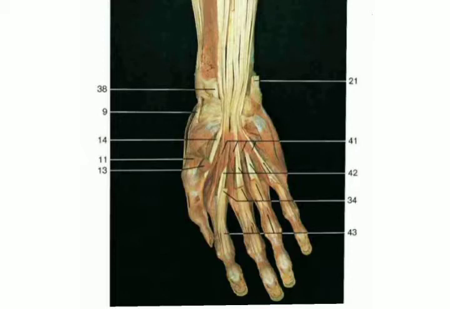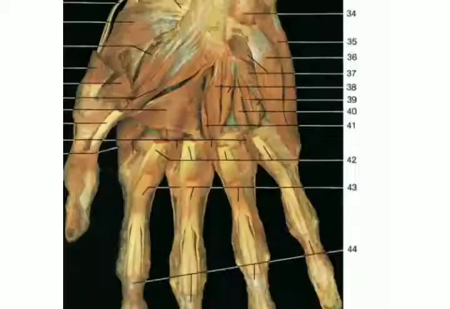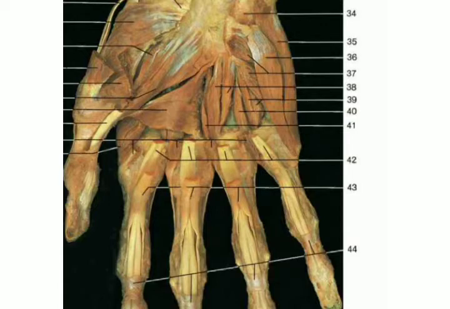Here we can see muscle 41, the lumbricals, which play a major role in finger MP flexion. In this picture, 38 and 39 are the palmar interossei, whereas 40 and 41 are the dorsal interossei, which also play a major role in finger MP flexion.